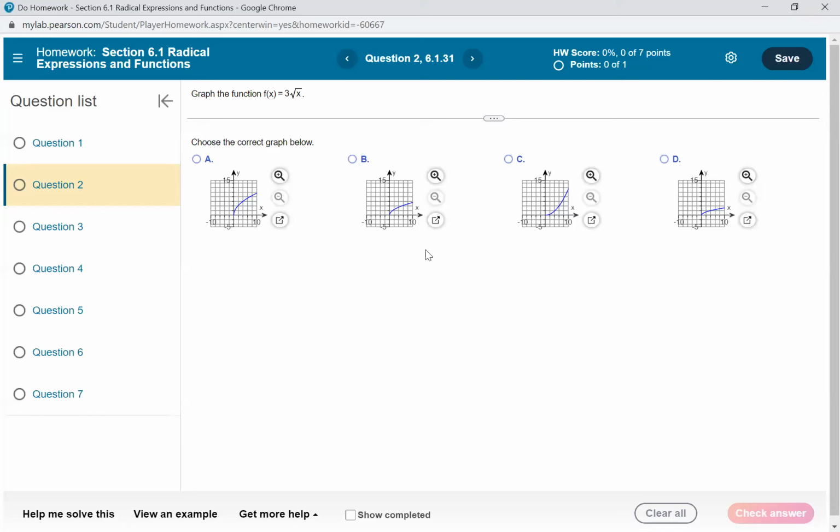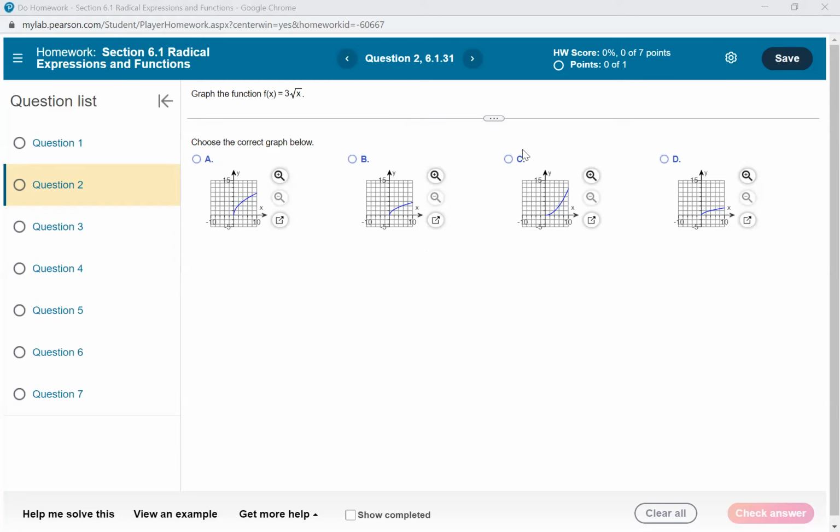All right, also let me get my share going for this one. All righty, so they want us to graph the function f of x equals 3 square root of x. So I'm going to do this on the calculator to see which one I get. Let me see my chat here. All right, I'll check that out in just a second.